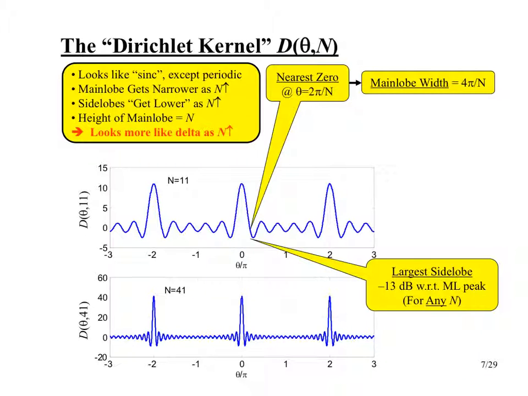And I've played my favorite trick here, theta divided by pi. So when we're out at 1 here, that's pi, that's minus pi, 2 pi, minus 2 pi. So we can see that this thing does indeed follow the rules of periodic DTFT.